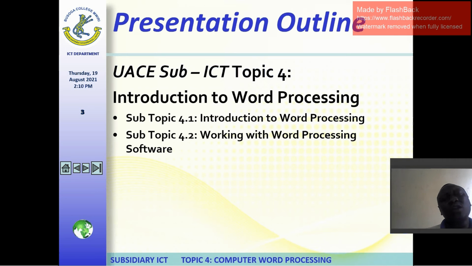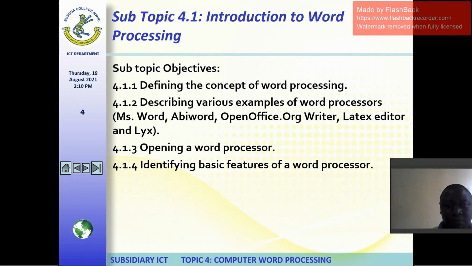Now, when you look at the presentation outline here, you can see that we are going to look at introduction to word processing, and then we shall start working with the word processing softwares. The sub-objectives that we are going to look at, we have defining the concept of word processing, which we started with, and then describing the various word processors.